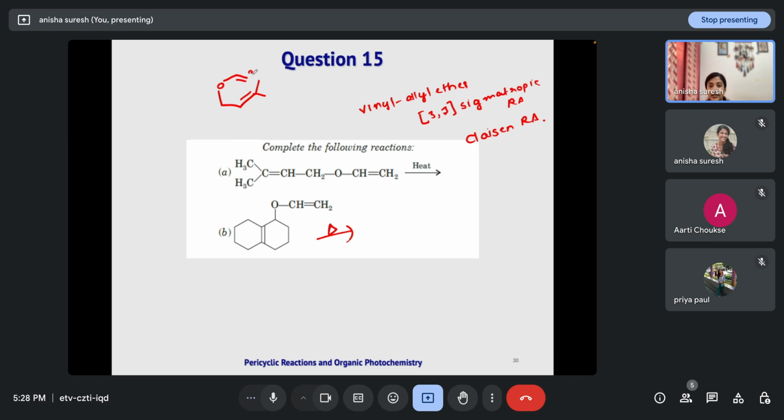So it will undergo 3 2 1 1 2 3, a Claisen rearrangement resulting in the formation of CH2 double bond O here.